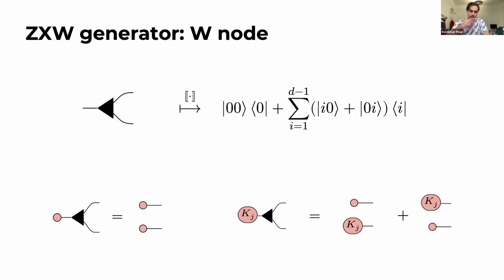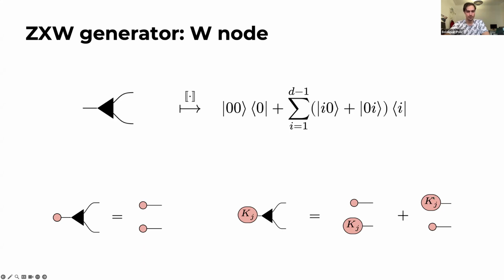It's good to think of it as a summation of diagrams, where it can be used very easily to do summation. First of all, if you input k0, you get two k0s, as the part of the summation shows. And then if you input any kind of k_i, you get the superposition of i0 and 0i.